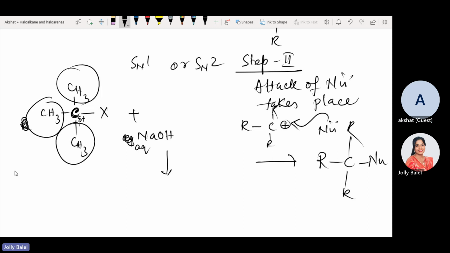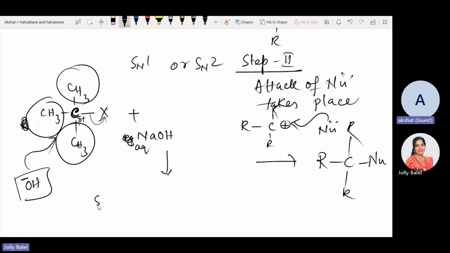If it goes through SN2, the nucleophile attaches directly and the leaving group leaves, but as the center is crowded with 3 groups blocking, it is difficult for the nucleophile to reach there. So the situation is not favoring SN2.